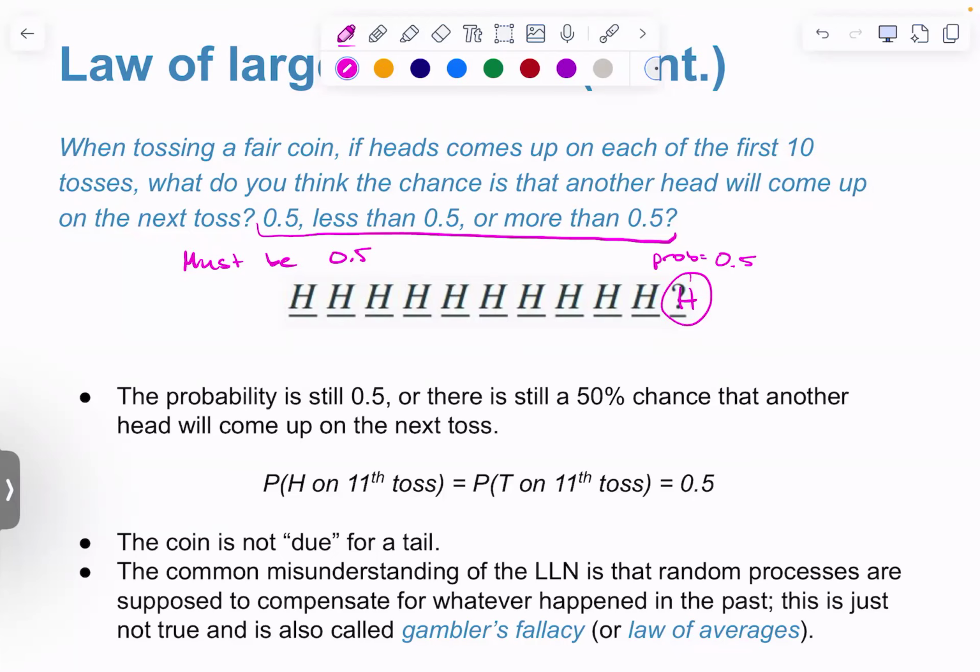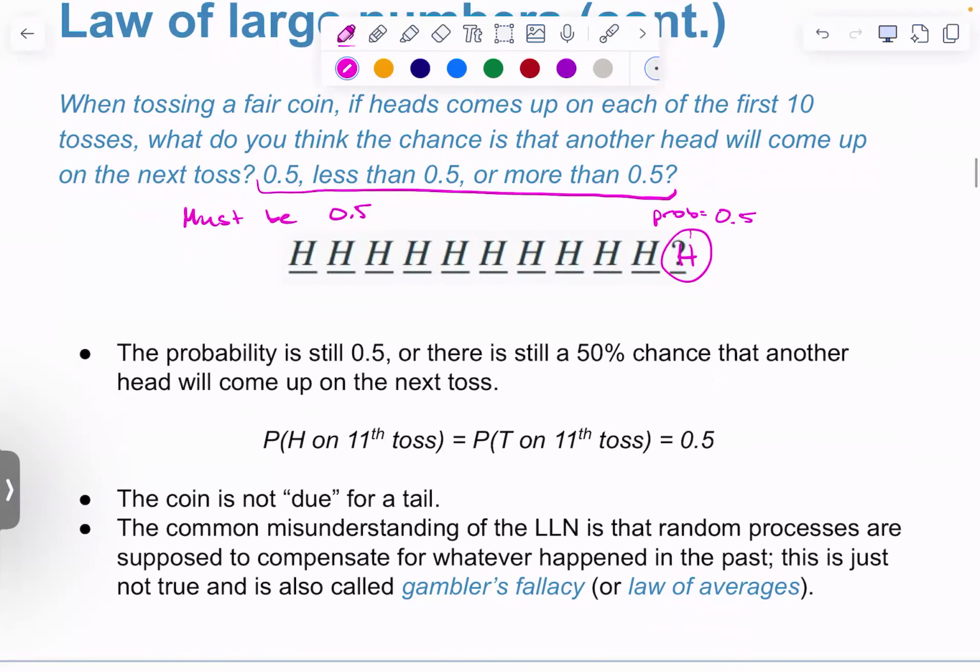So it's kind of a common phenomenon, right? You've seen so many heads, it has to be tails. No, right?